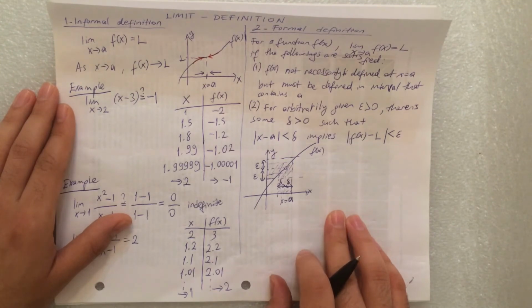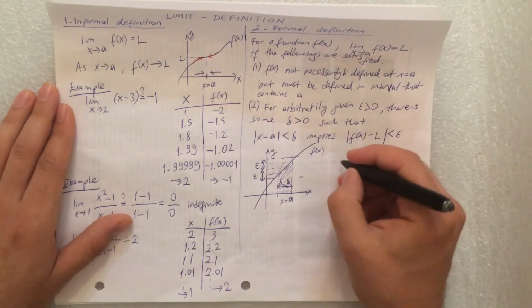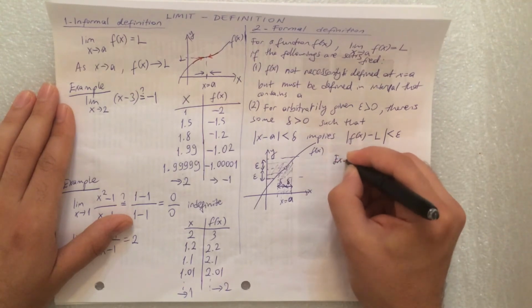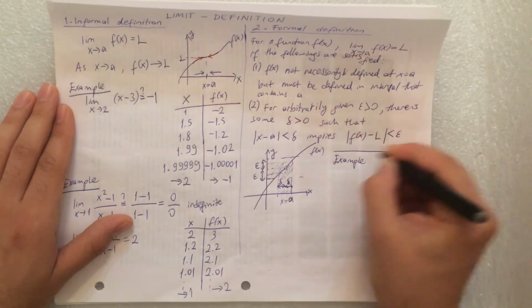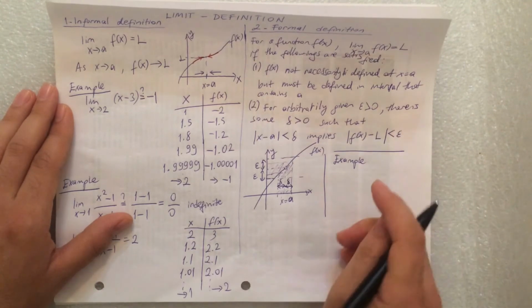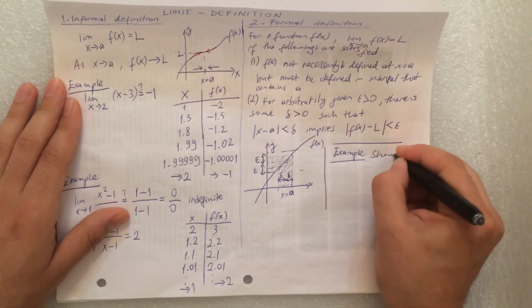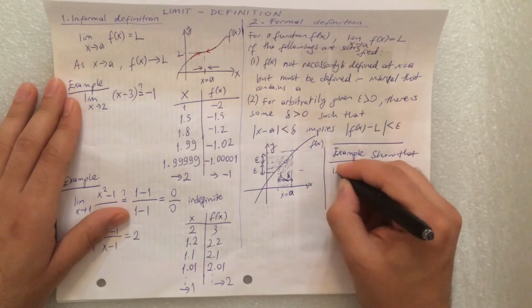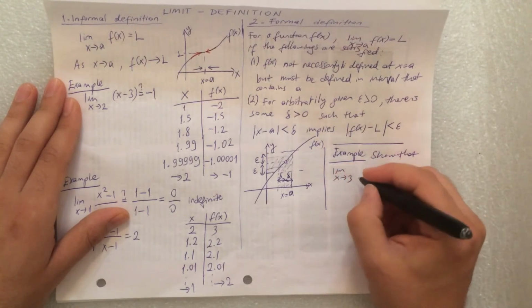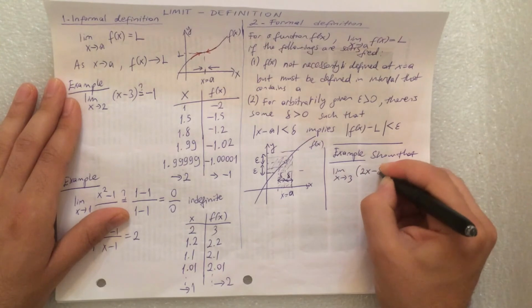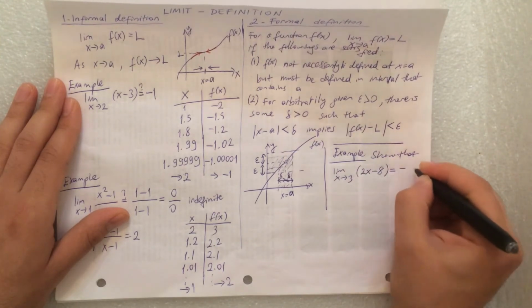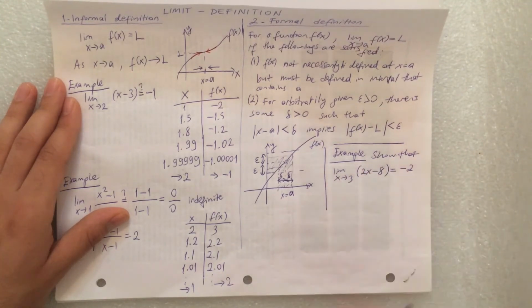So let me give an example to clarify. Example, show that limit x goes to 3 of 2x minus 8 is equal to minus 2.